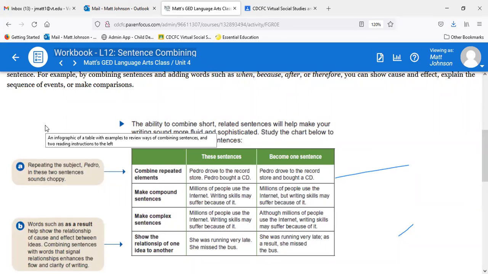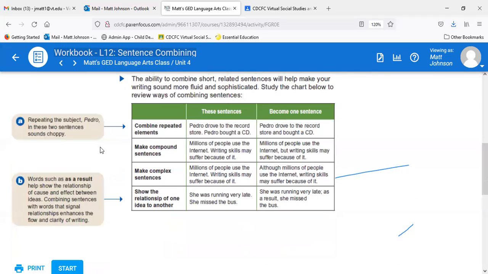And then show the relationship of one idea to another. She was running very late. She missed the bus. So here, she was running very late. As a result, she missed the bus. So we put, right, that's one of those other transitional phrases, one of those signal phrases that we see. Here, we're showing the relationship between her running late and her missing the bus.